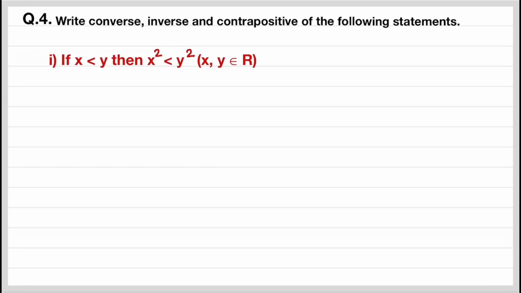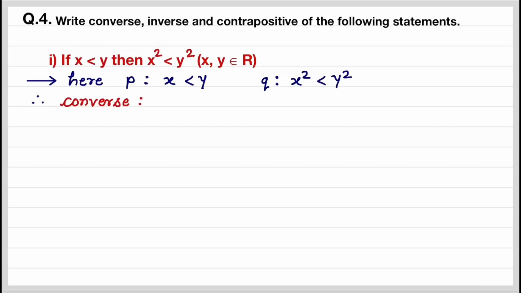contrapositive are most important. Now the first one: if x is less than y, then x square is less than y square, for x and y belonging to R. First of all, write separate statements: P, x less than y, and Q, x square less than y square, for x and y belonging to R. First of all, we will write the converse.